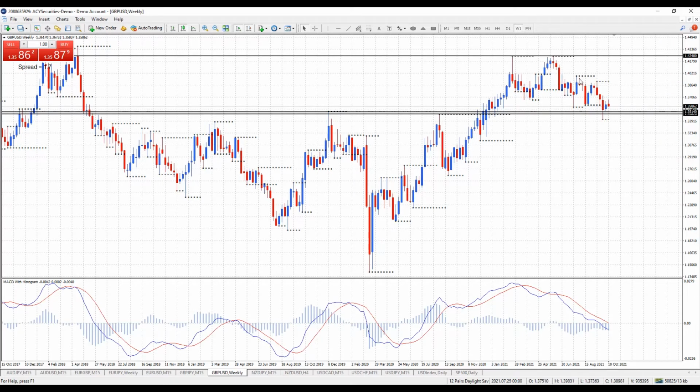So currently we've got lower top, lower bottom. We're bouncing on these monthly levels of support from these resistance highs at 134.82 and 135.14 from the monthly chart. Now weekly support is down here at the moment, 134.11.